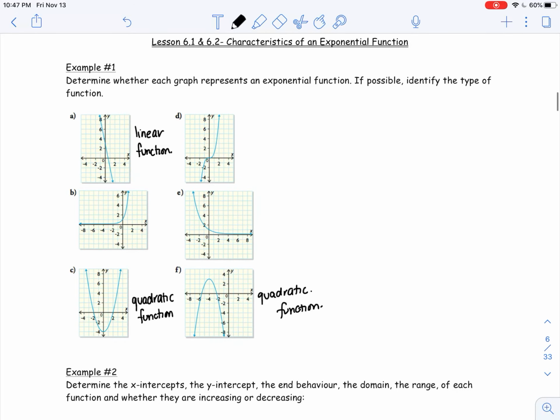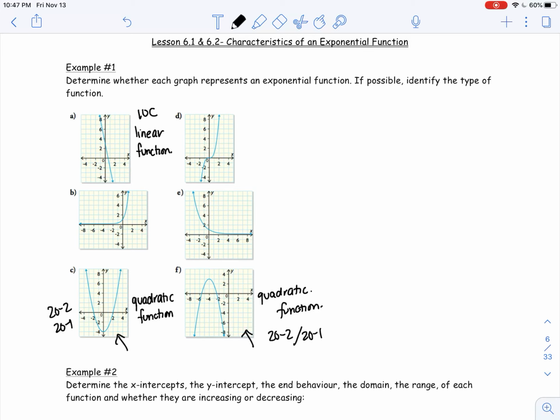Last year in 20-2, you studied that this one is an upward facing parabola, and this one here was a downward facing parabola. So this was 20-2 or 20-1, and this was 10C up here.